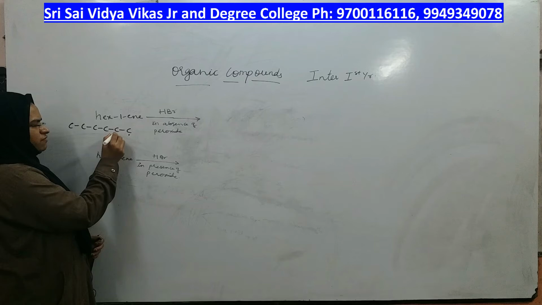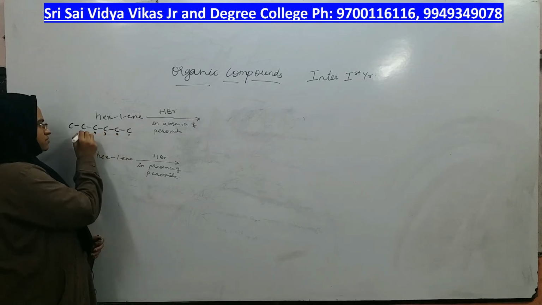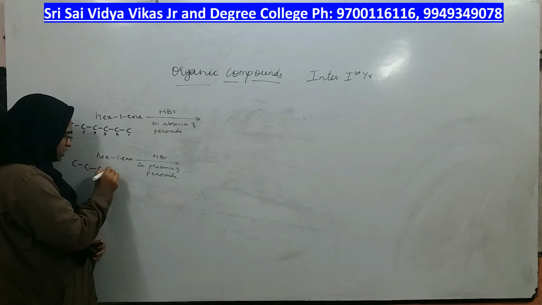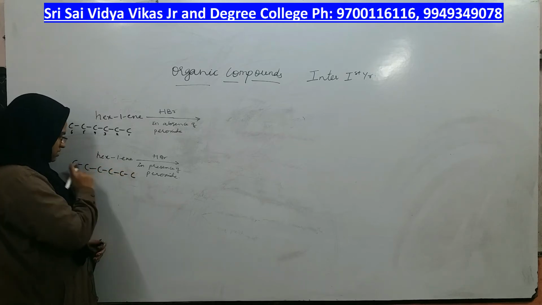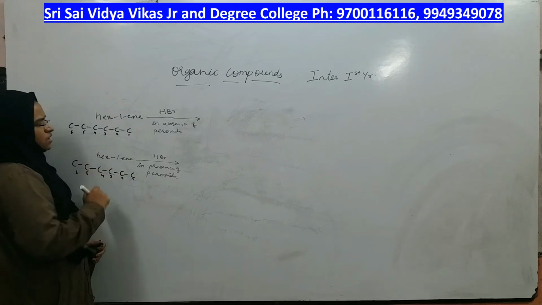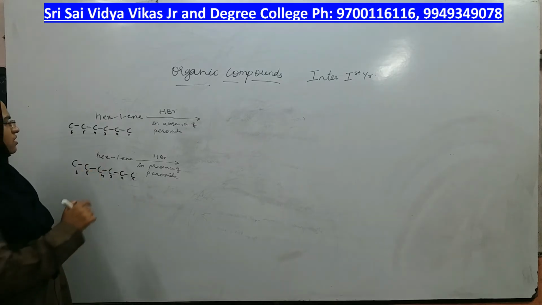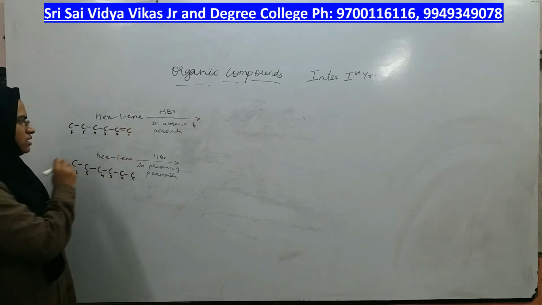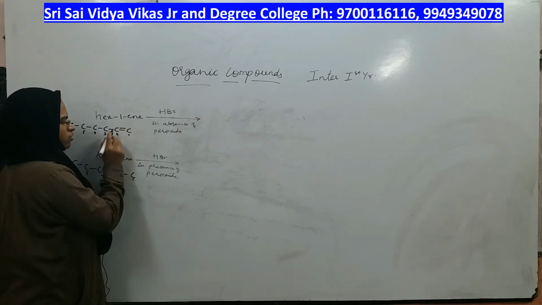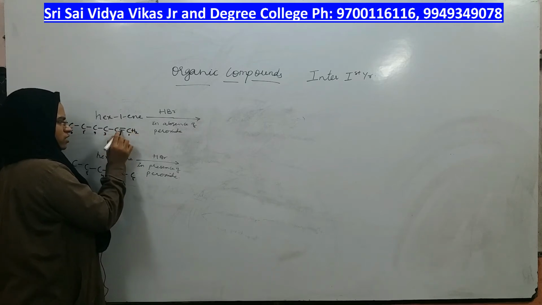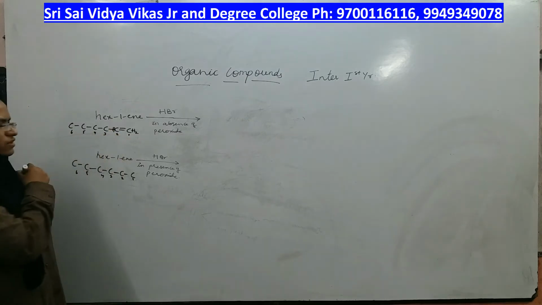Let me give numberings. Hex-1-ene means the double bond is at the first carbon. Now, out of 4 bonds, 2 are already used, so it should have CH2. Out of 4 bonds, 3 are already used, so it should have just H.